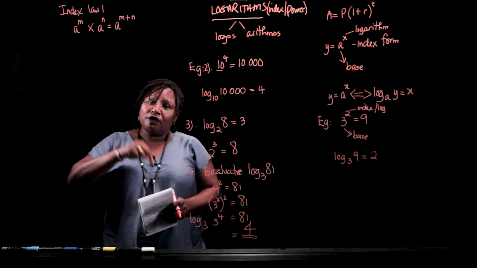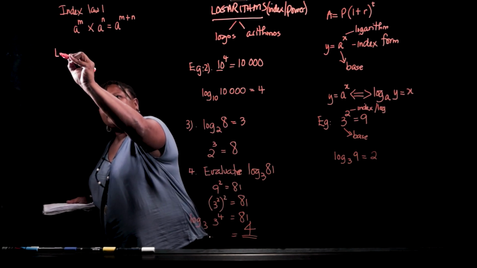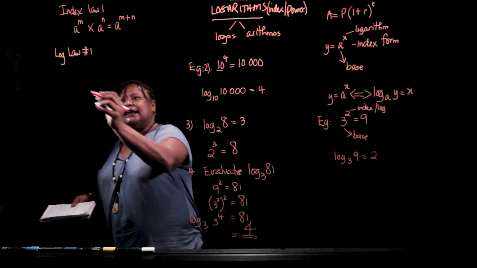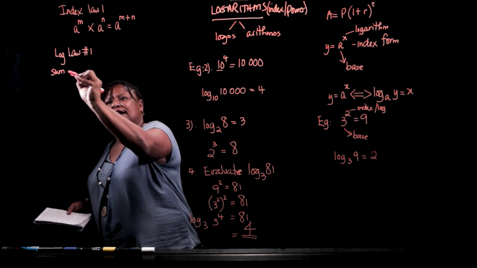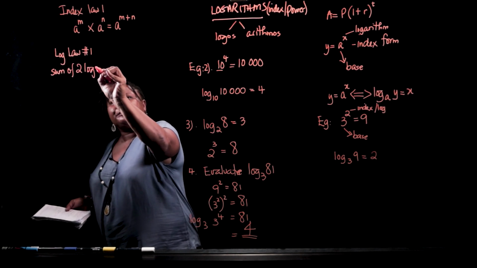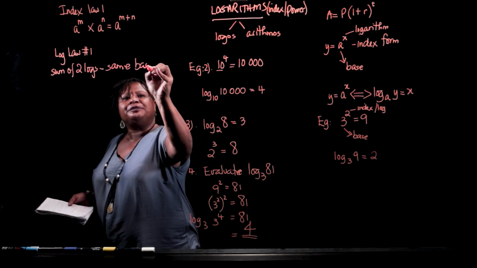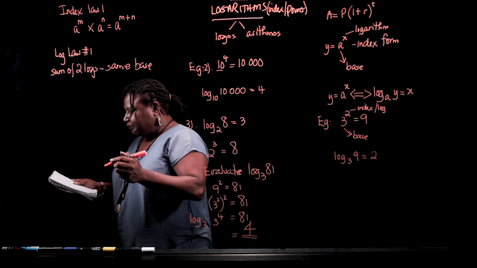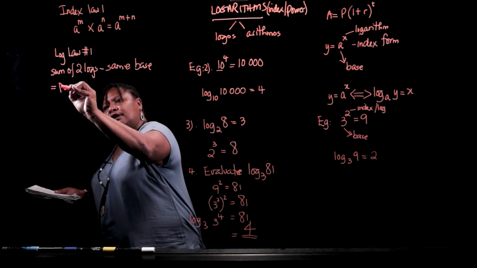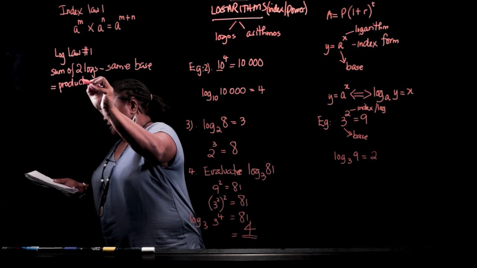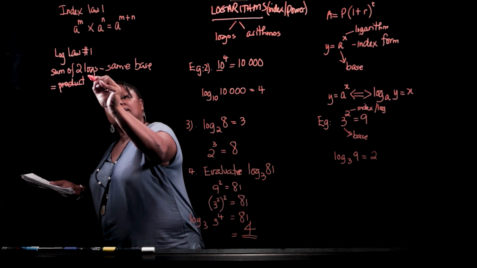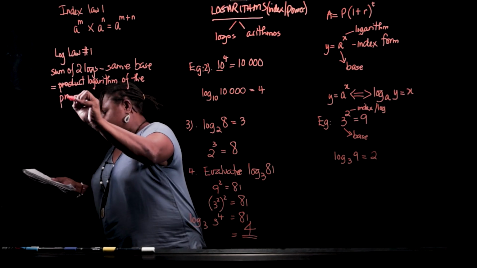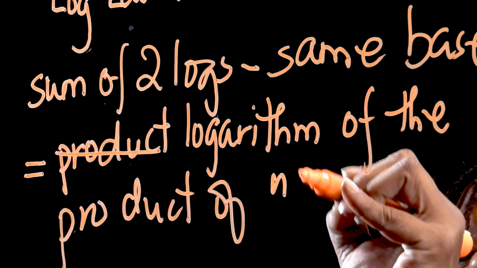Now, how does this relate to the logarithm law? Logarithm law number 1 states that the sum of two logs with the same base is equal to the logarithm of the product of numbers.